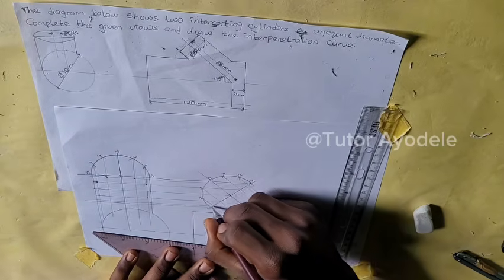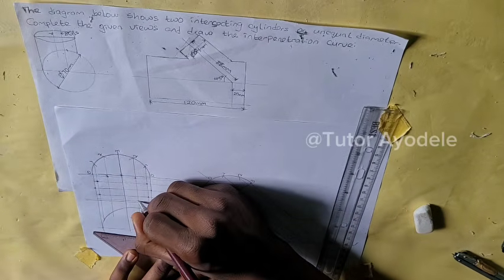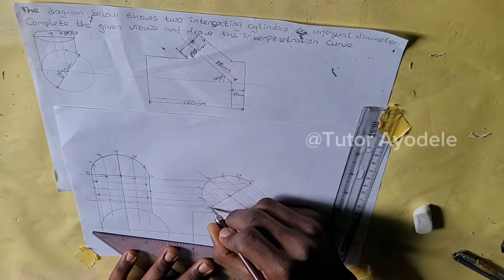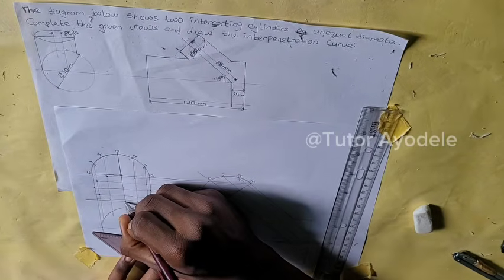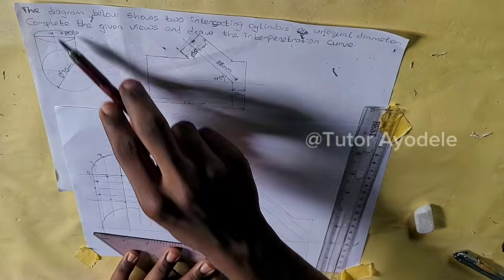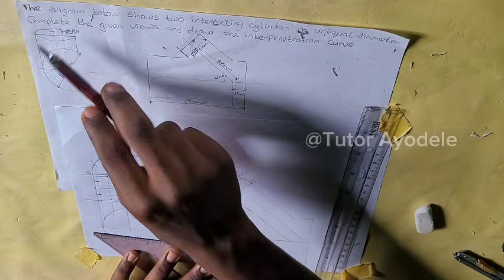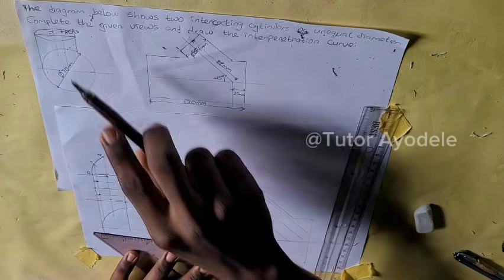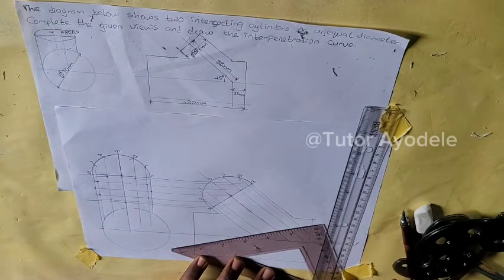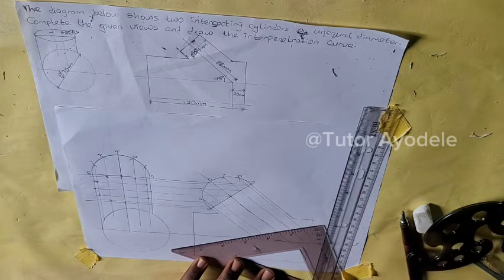When I trace this other 2 into the box, I'm going to see 2 here. I'm going to see 2 here. And when I trace the final 3, I'm going to mark the last one here. So like this now, we have this ellipse that looks like, or somehow resembles, the one in the drawing given to us. So we're going to use our French curves to draw it out.